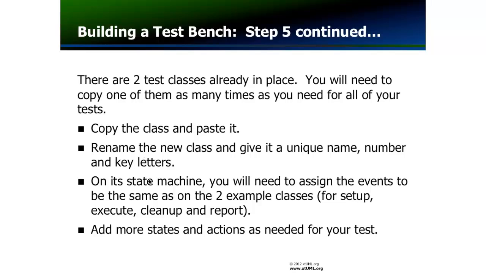Then when you copy a class, the events need to be reassigned, so once you've pasted that state machine in, go in, assign the events to be the same as in the first two state machines, and then begin modifying those states by editing the action language and adding states as you require.